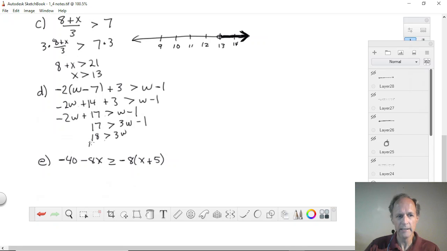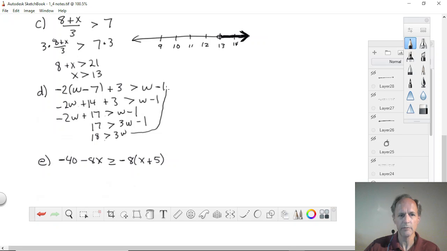We'll take 18, and these always take a lot of room. I have to have room to graph it, so I can do that though. I'm going to continue way up here, and hopefully I won't be in the way of the graph.